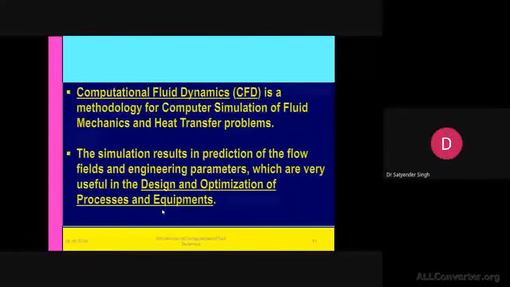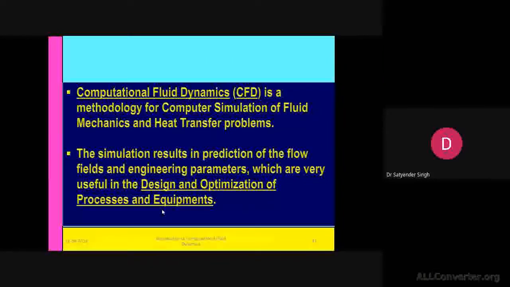So computational fluid dynamics, if you remember the earlier slides where we interact with the real world situation, as per the modern definition, is a tool analogous to a video making camera that can reveal the physics involved in fluid dynamics and heat transfer problems.